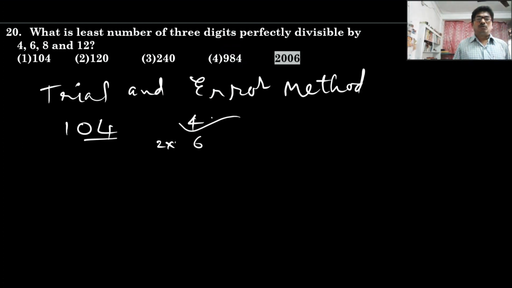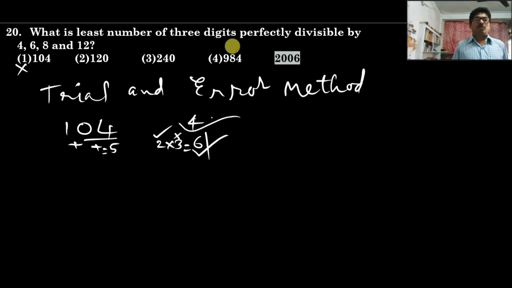Then only it is divisible by 6. It is divisible by 2 but the sum of the digits is 5, the digital root is 5, so it is not divisible by 3. That's why it is not divisible by 6, and that's why this is not the correct option.